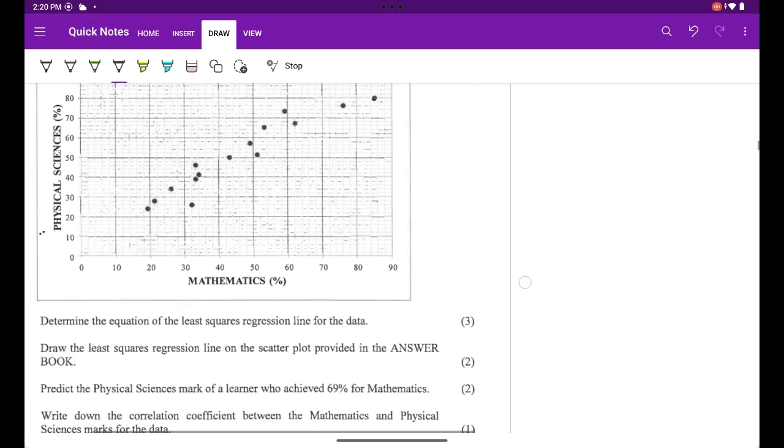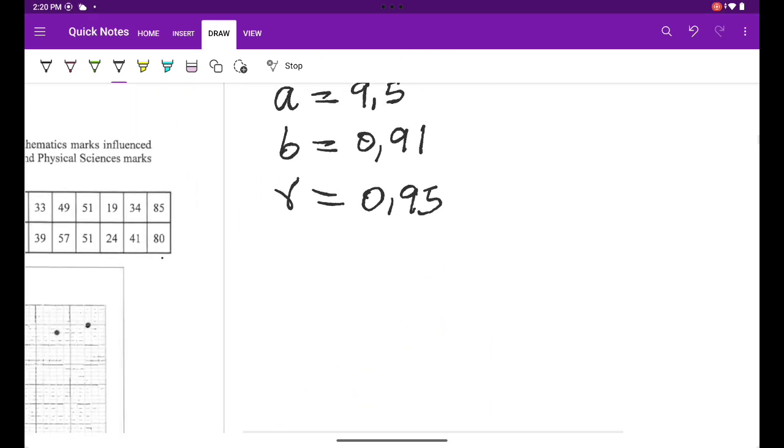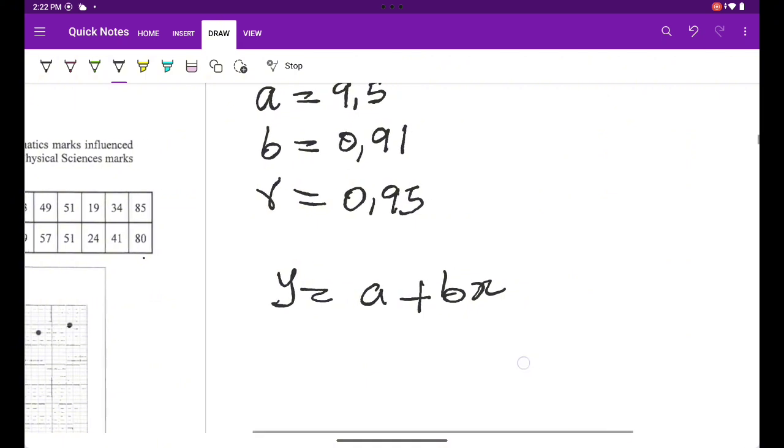Okay, so the equation is always y equals to a plus bx. So we have our equation as y equals to a plus bx.